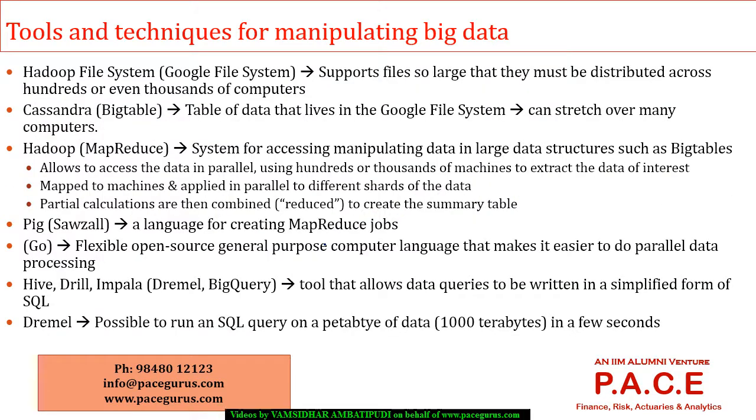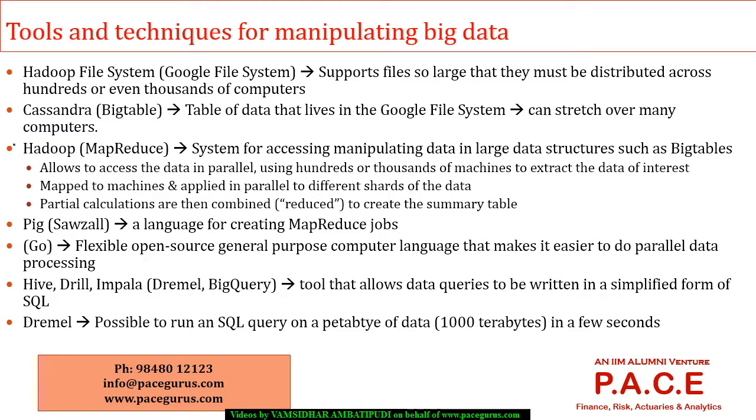Now, let's look at some of the technologies, techniques, and tools that are available for manipulation of big data. The majority of these things came from the Google world, but for most of these systems, I see an equivalent version in the open source world as well.